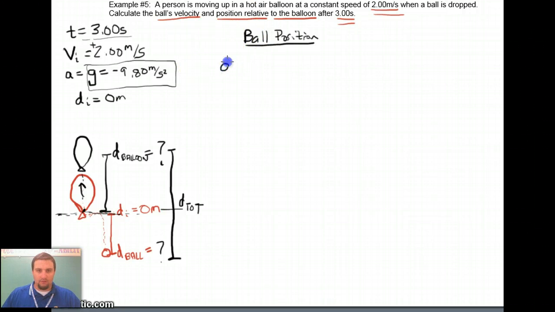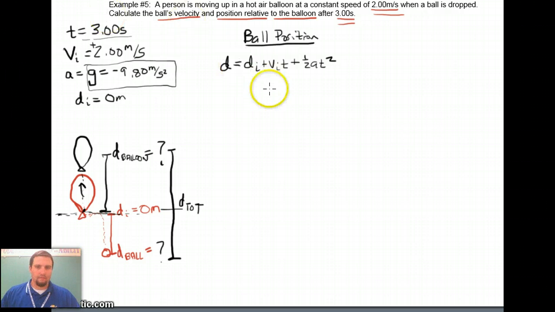Okay. So we have the position is equal to the initial position plus v_i t plus 1/2 a t squared. Because our initial position is 0, we can get rid of this initial position here.